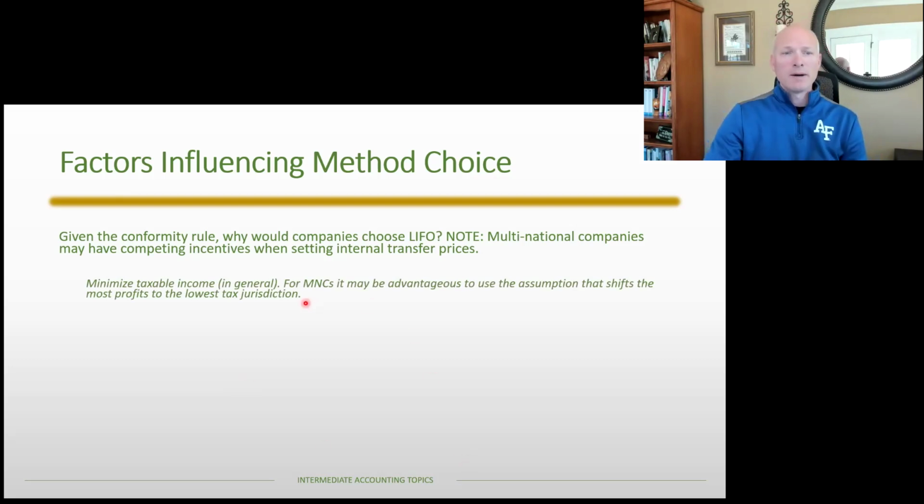And so you may use FIFO if it allows you to shift income to a lower tax jurisdiction, even though in the US it might have been advantageous to use LIFO. If it allows you to shift income to, let's say, Ireland, where the tax rate is like a third of what it is in the US, you might choose that. So again, tax treatment can be a reason you make these choices when it comes to your cost flow assumptions.